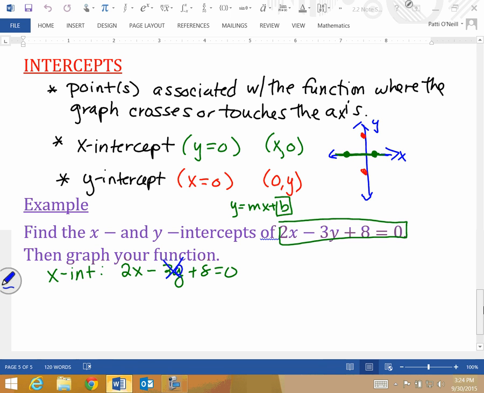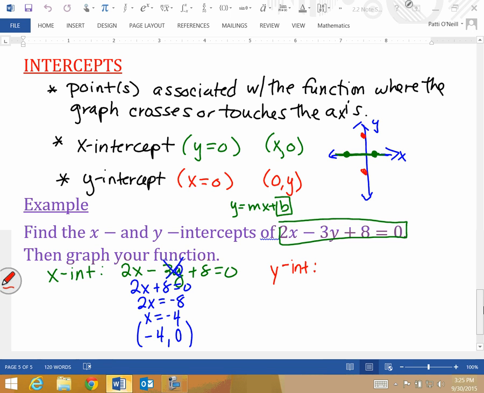So it's kind of like I cover up the term that has y, and I'm left with 2x plus 8 equals 0, 2x equals negative 8, and x will be equal to negative 4. So this is telling me that the graph hits, either touches or crosses through the x-axis at the point negative 4, 0.